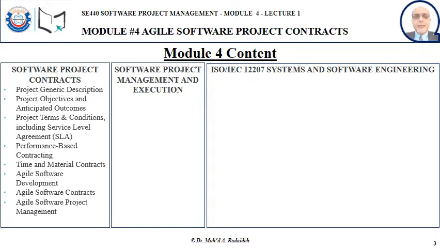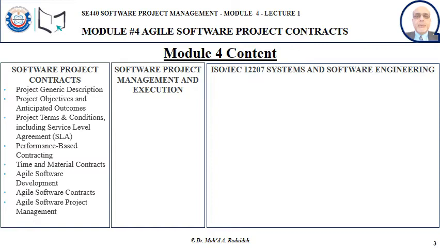The intellectual property, I meant, who owns the intellectual properties if something comes out of the project, the confidentiality of information, such that an NDA or non-disclosure agreement should be signed between the two parties, and it goes as part of the contract as well, and so on.